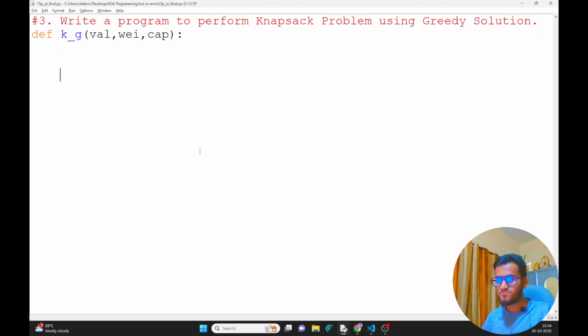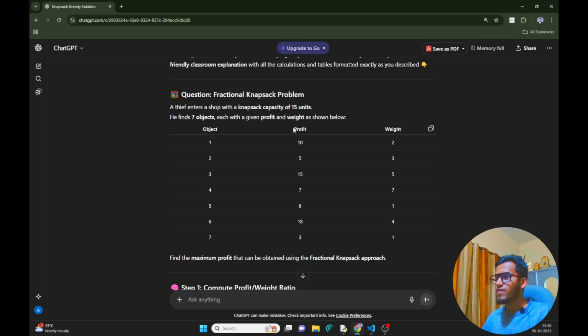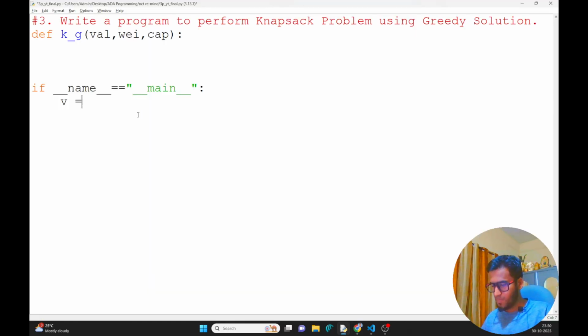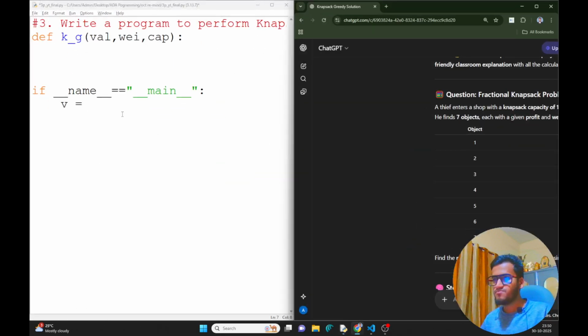According to this. Before defining, we will define the main function first. Name is equal to main. Yes. Okay. So value. The value is also called the profit. Profit is also called the value. Okay. So our values are first 10, 5, 15, 7, 6, 18, and 3.